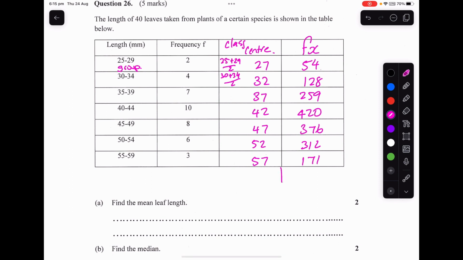Now, if we total our f times x column, that will give us our total of all of our scores. So 1720. Then if we total our frequency column, this will give us our total number of scores, 40.